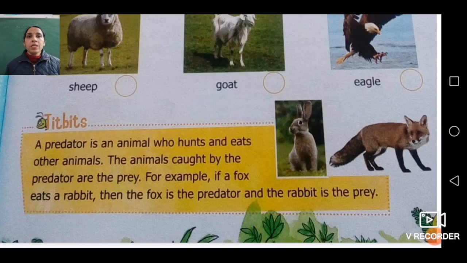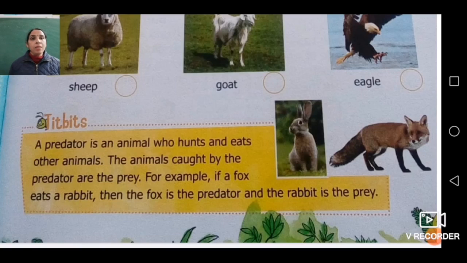Tidbits: a predator is an animal who hunts and eats other animals. What are predators? Predators are those who hunt and eat. Now the animals caught by the predator. So that is the definition only, you will underline it in your book. Already you have underlined. Remember the definition, that a predator is an animal who hunts and eats other animals.